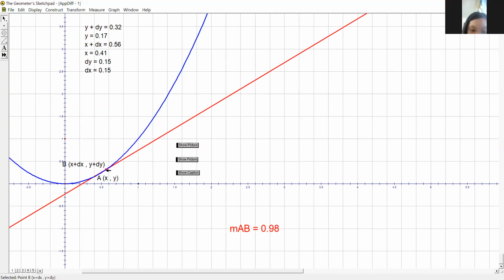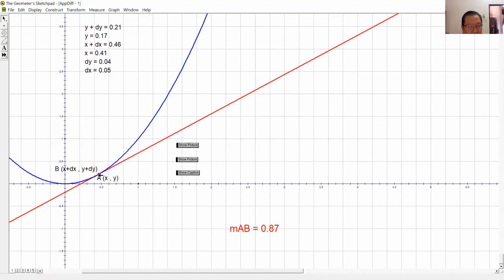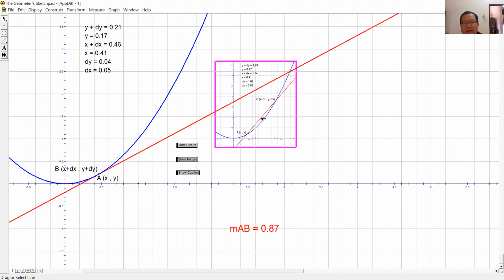It now looks more like a tangent to the curve. So as we move this point B nearer and nearer to A, this red line becomes a tangent. Okay or not? Okay, sir.